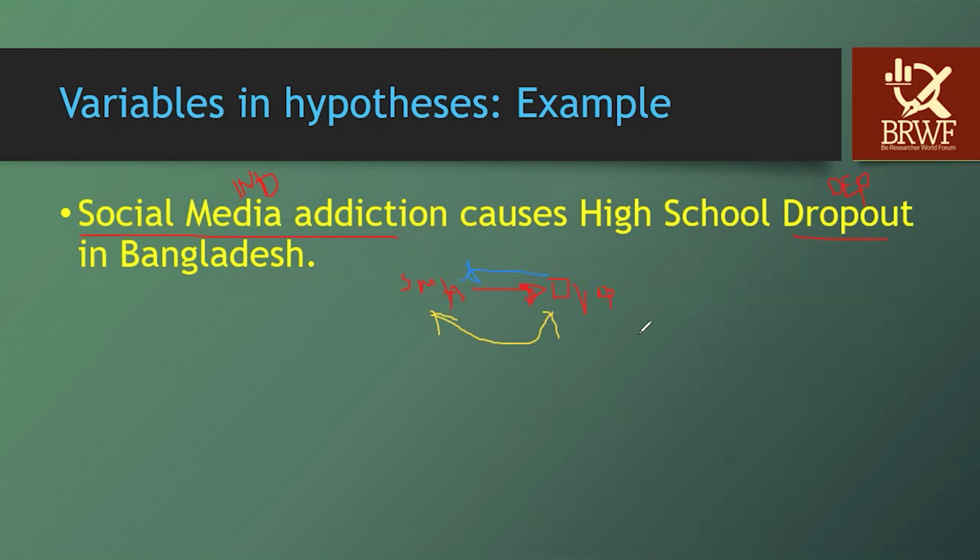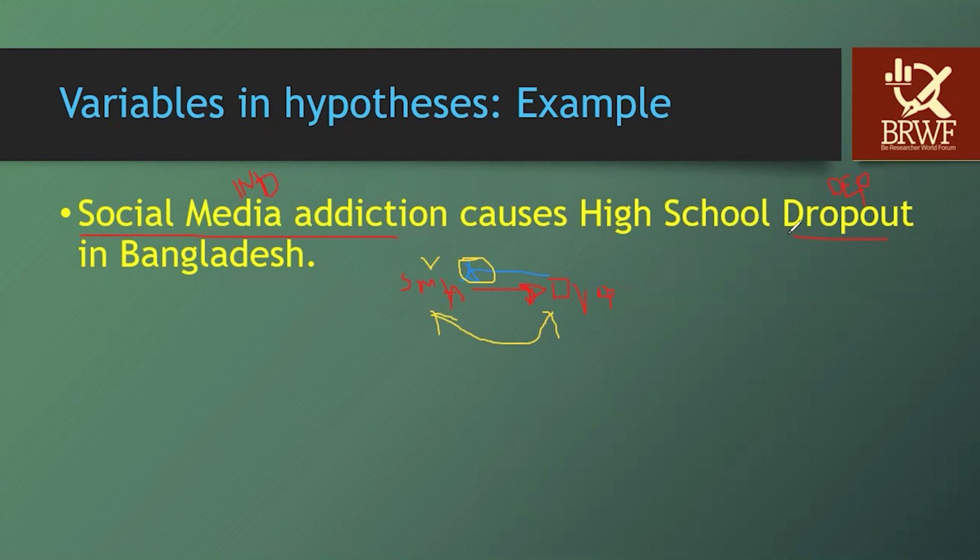As we said that this can affect this one, and this can also affect. If it is an independent variable, this is not possible. Am I right? Because this is dependent. This is independent. So based on the social media addiction, there will be an effect on school dropout. The students who spend more time on social media, probably they will drop out from school. This can happen. Okay, but it can also happen the other way.